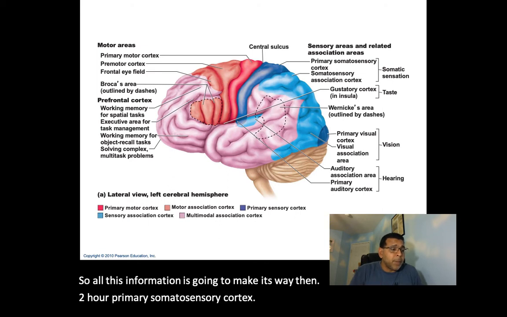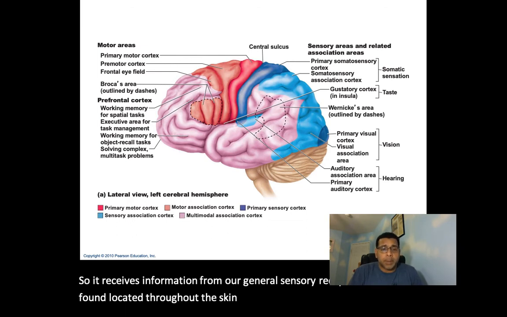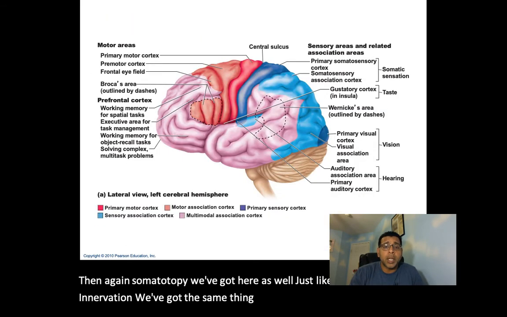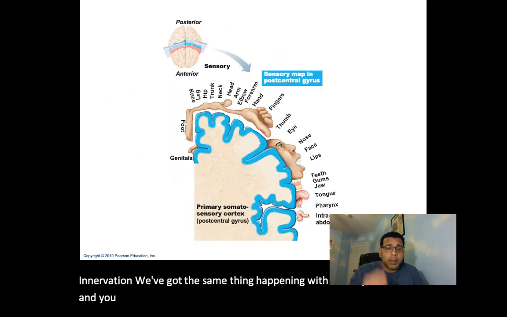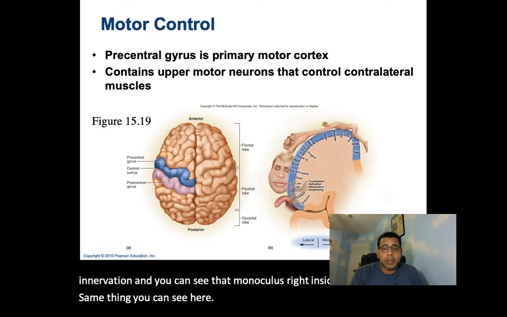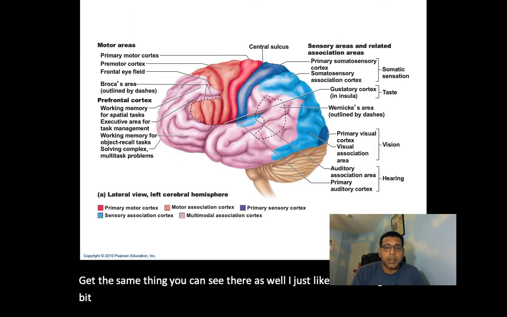So it receives information from our general sensory receptors located throughout the skin and also from our proprioceptors. Then again, we've got somatotopy here as well. Just like we saw with motor innervation, we've got the same thing happening with sensory innervation, and you can see that homunculus right inside of there. I just like these images a little bit better, so that's why I've kept them there.